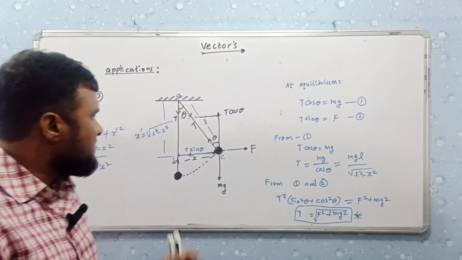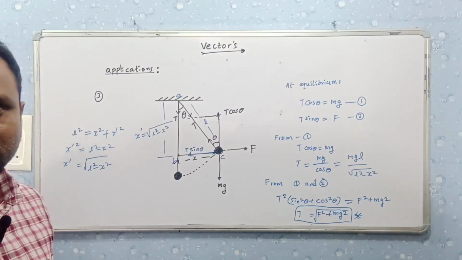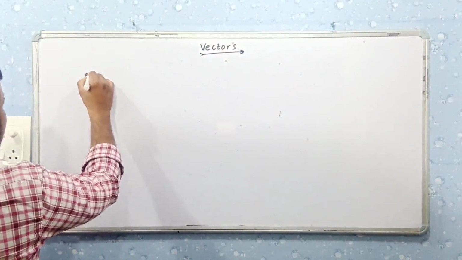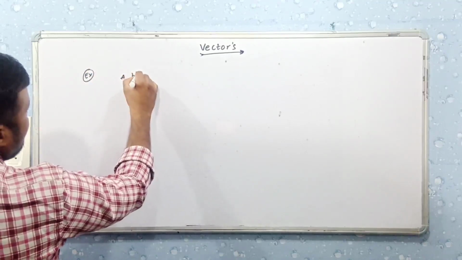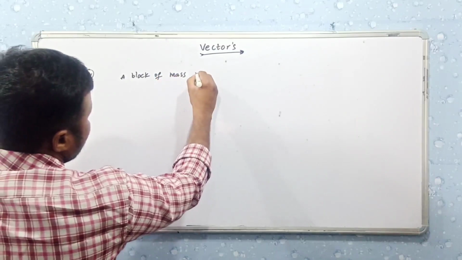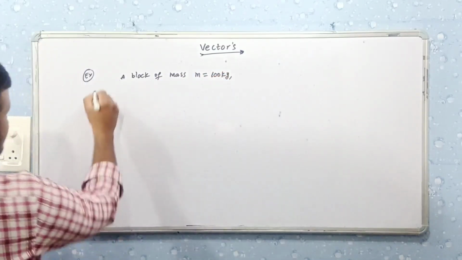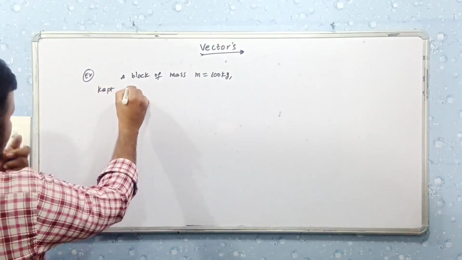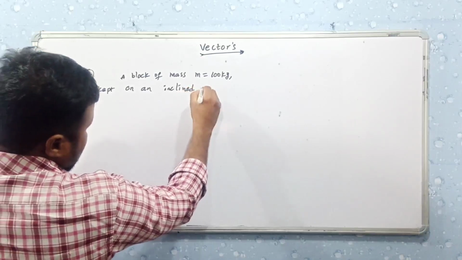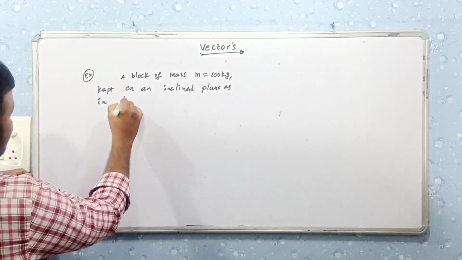Now we will do some examples on the basis of these applications. Example: a block of mass m is equal to 100 kg kept on an inclined plane as shown in the figure.